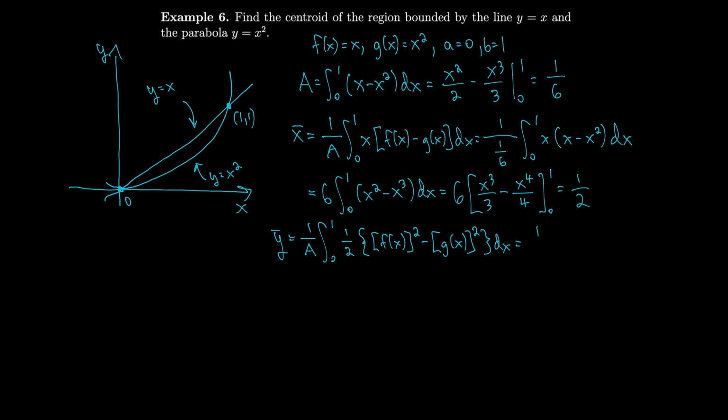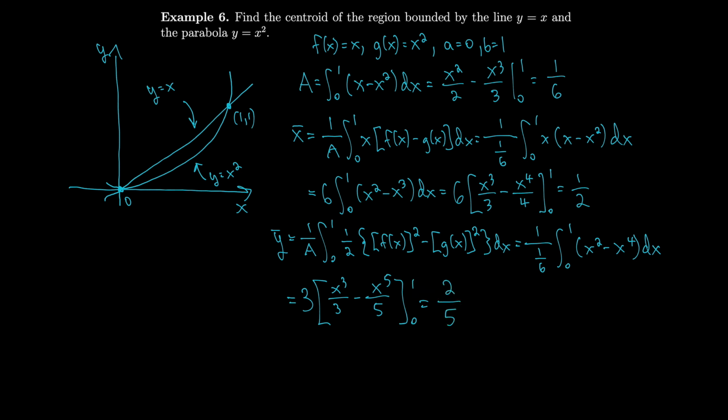We get 1 over 1/6 times the integral from 0 to 1 of x squared minus x to the 4th. So that's just 3 times x cubed over 3 minus x to the 5th over 5, which is just 2/5 when we evaluate it.